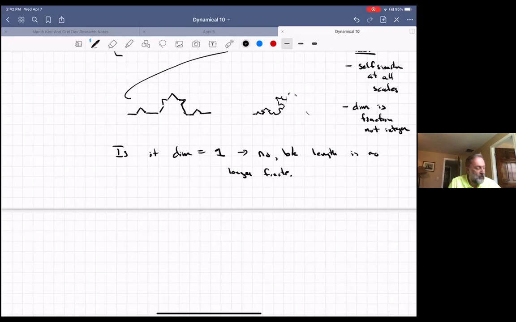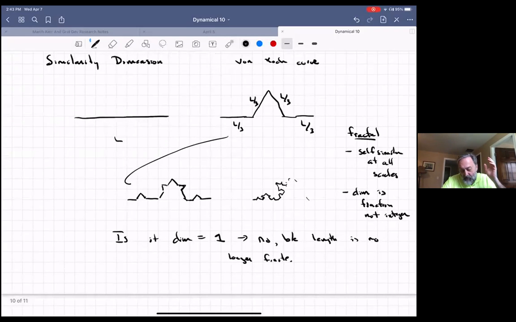The length of the curve that you get becomes infinitely long because you can never bound how long the length is, right? So how do you know the length is not finite? Well, if I've done it 100 times, you could compute exactly what the length was at 100 times. Well, okay, so its length is more than that.